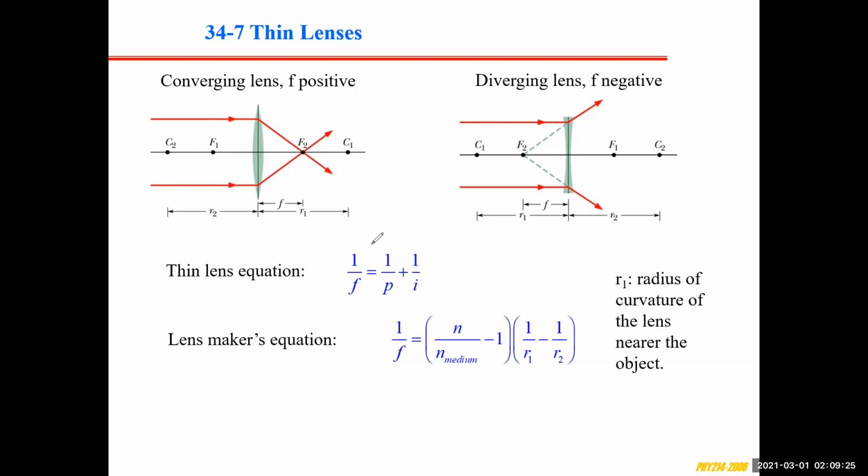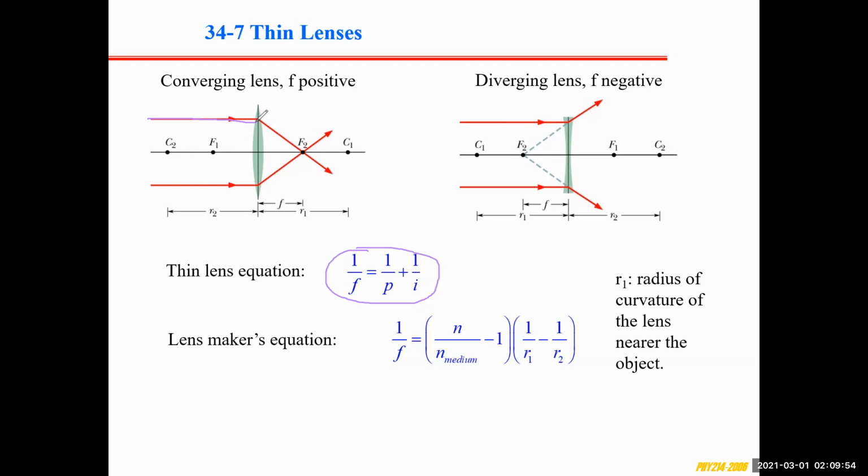For the thin lens equation, we again use this equation to calculate where the image is formed: 1 over I plus 1 over P equals 1 over F. And being thin lenses, we'll just use one single F. Let's see how the image is formed. You send a parallel light ray to this lens, and the light goes through this material.